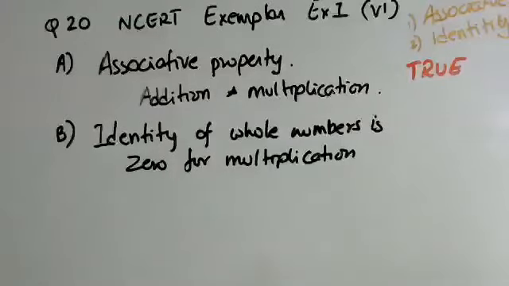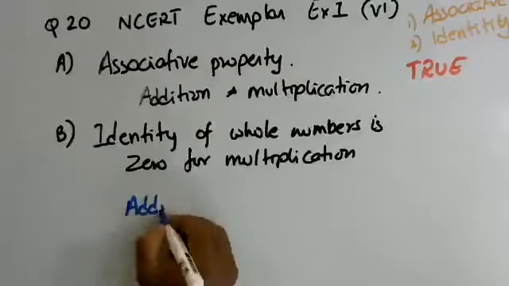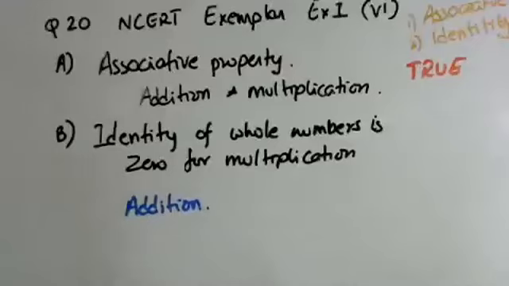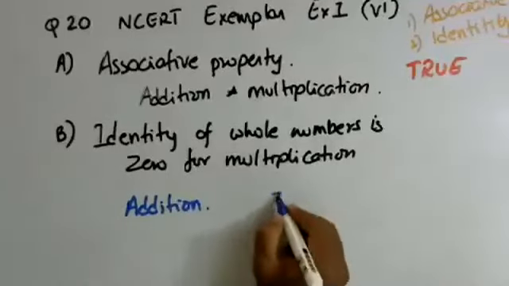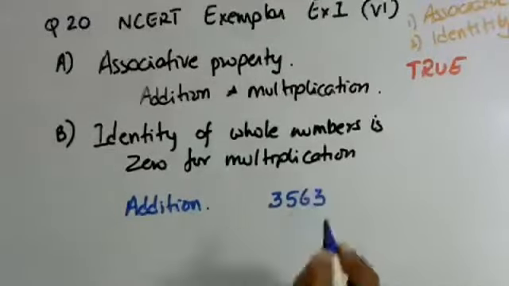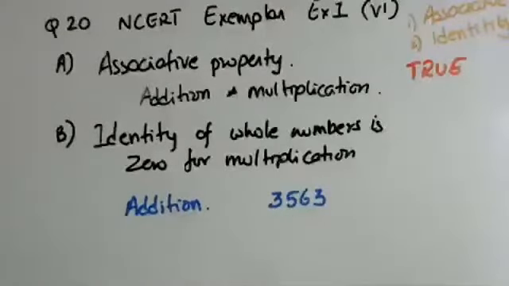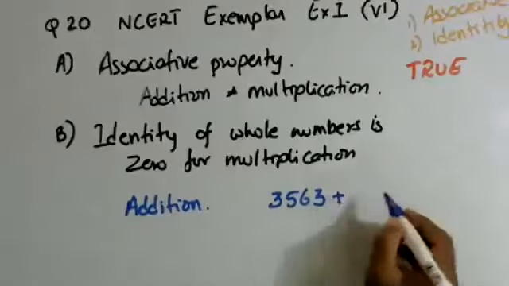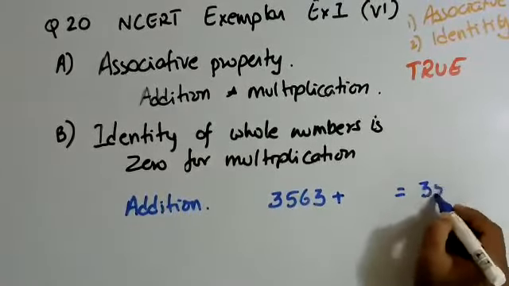But in the world of numbers, identity are those numbers that point to itself when you do a mathematical or arithmetic operation. For example, in addition, for any whole number, let's take 3563, just at random, what should I add to this number so that I get the same number again?